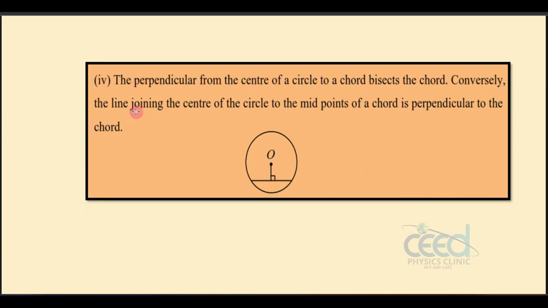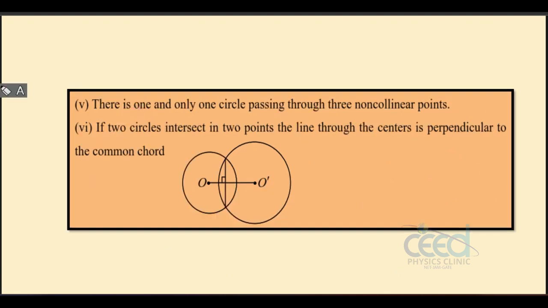Now another point is, see, there is one and only one circle passing through three non-collinear points. You have three non-collinear points, which means they are not in a line. Three different points you consider. Now you draw perpendicular bisectors to all these lines. Suppose this makes a triangle.